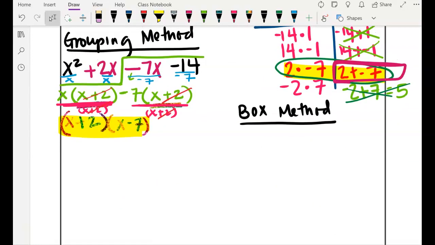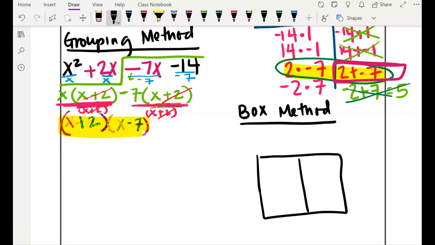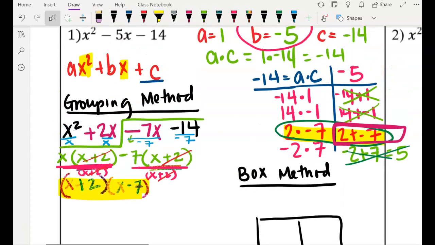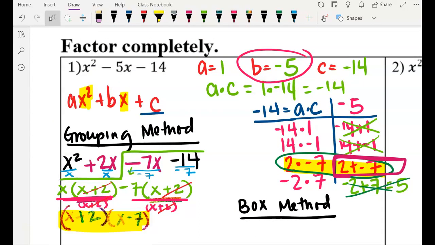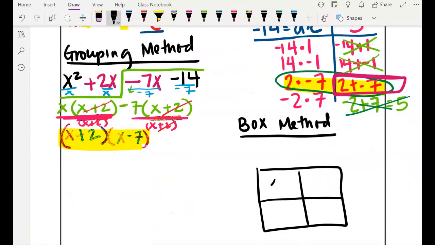Now, let's do the box method. A box, just like what we said, is similar to our Algebra 2 tiles concept. In the first box, students, we are going to copy down the first term, and in the last box, we will copy down the last term. So x squared, and negative 14.